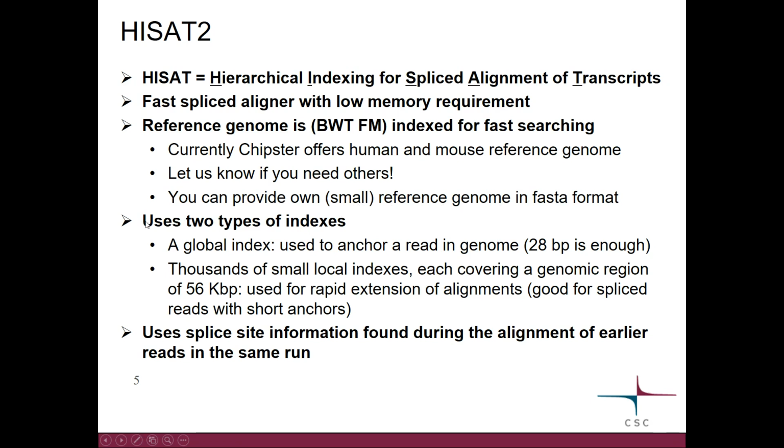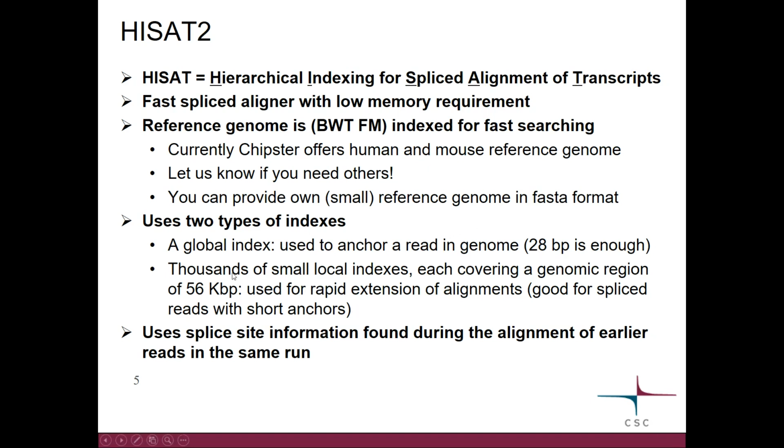Now, the way HISAT2 works is that, importantly, it has two types of indexes. It has a global index, which is used to place the read in the genome. As long as there is a 28 base pair stretch which matches uniquely in the genome, we place the read in that region.